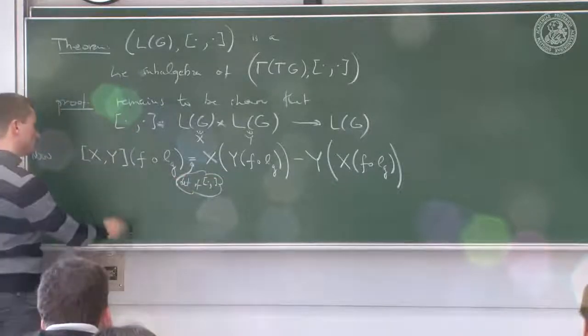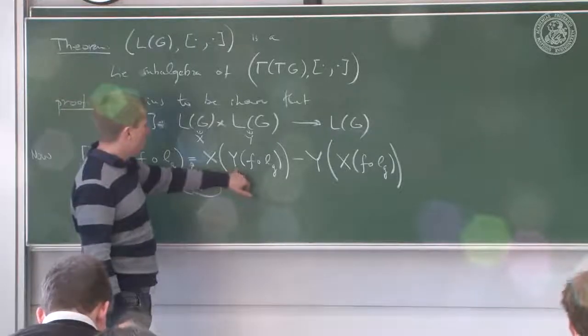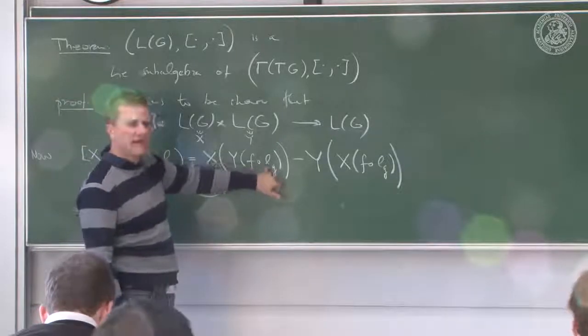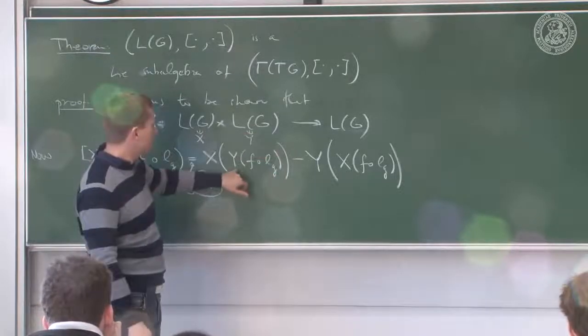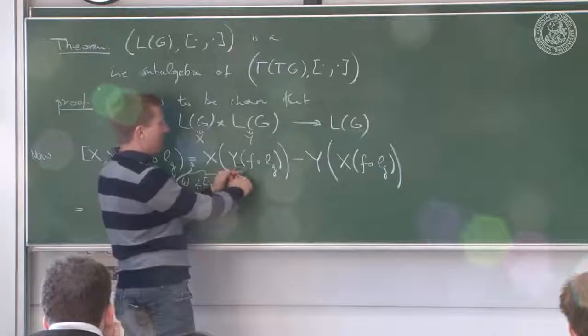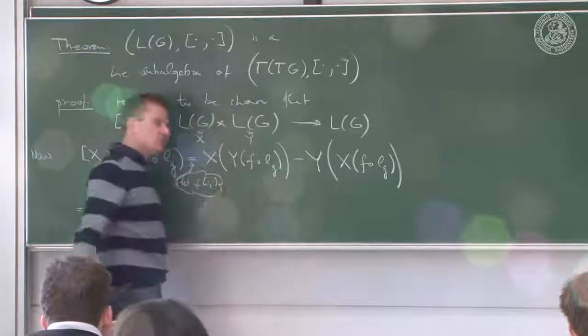All right? This equals. Now, we look at y acting on f after Lg. But y is a left invariant vector field by assumption, so we can let it act on f only and then compose with Lg.